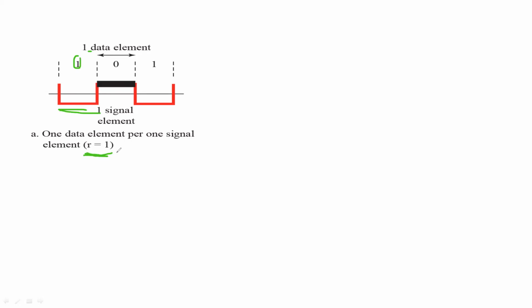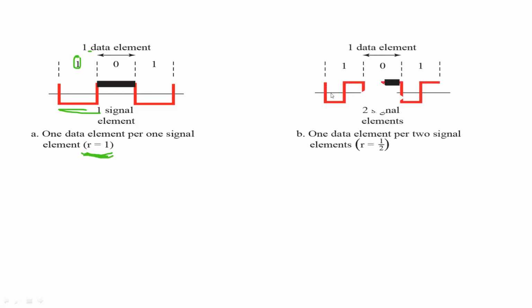So what actually is a ratio? Ratio is how many data elements are carried by a signal element. Since one signal element carries only one data element, the ratio R is 1. Next, we have one data element for two signal elements.